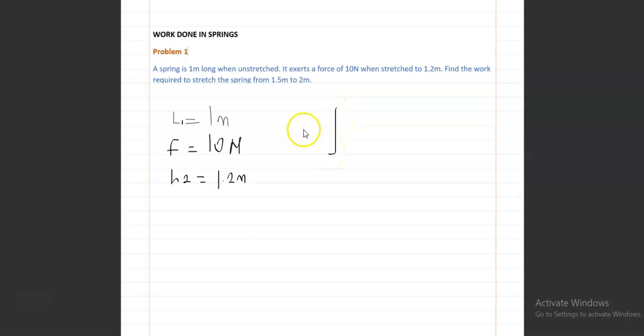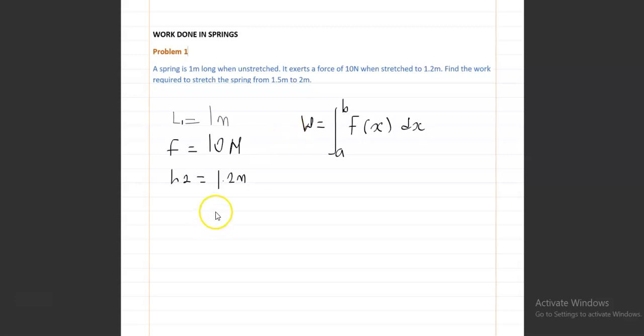The work done in stretching the spring from 1.5 meter to 2 meter is the integral of the force function over the interval of the extension A to B. So in order to find the work done, we first need to get our force function.